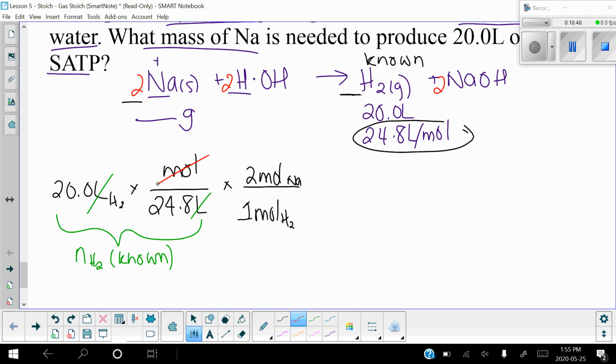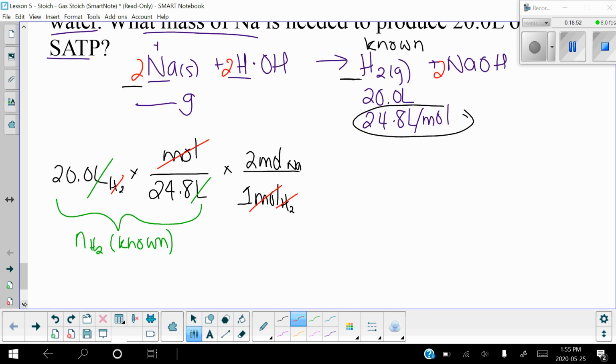Let's see what cancels out. Mole cancels out with moles. Hydrogen gas cancels out with hydrogen. So now from here to here, we have moles of sodium. I'm only doing this part to show you what we have. Okay, which is our unknown moles?